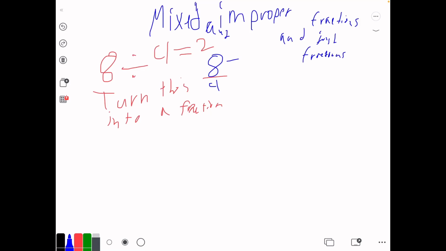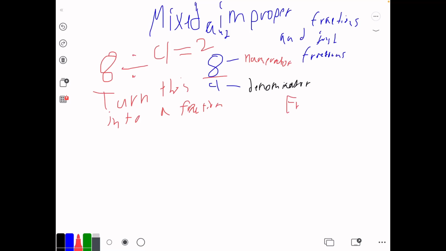And this right here has a term called numerator. This is called, some of you might know, denominator. So it's numerator over denominator.